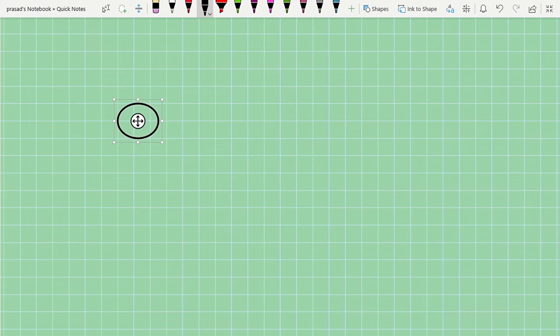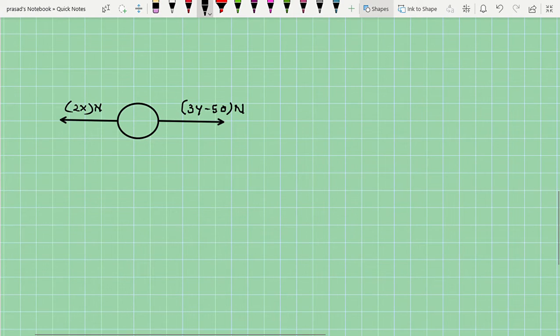Now on this particle, a force of 3y minus 50 Newton is acting towards the right direction. Another force of 2x Newton is acting towards the left direction.